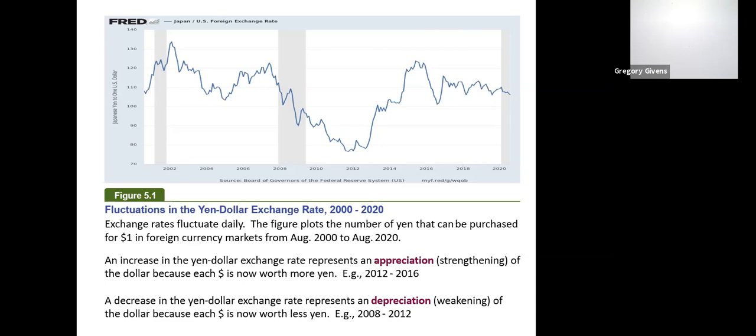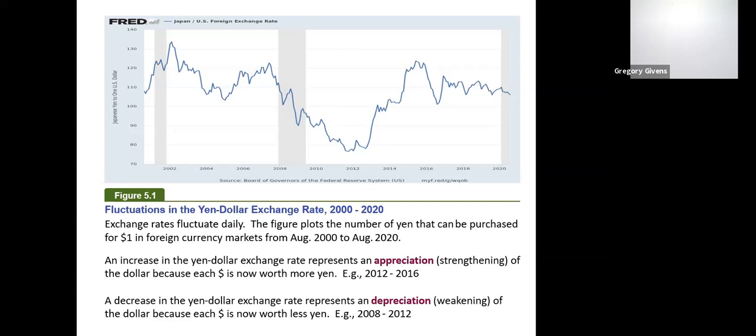And we can see from the graph here that occurred in 2002 to like 2005, and then certainly during the financial crisis from 2007 all the way to about 2012. In recent years, however, the yen-dollar exchange rate has been pretty stable, around 105 to 110 yen per dollar.